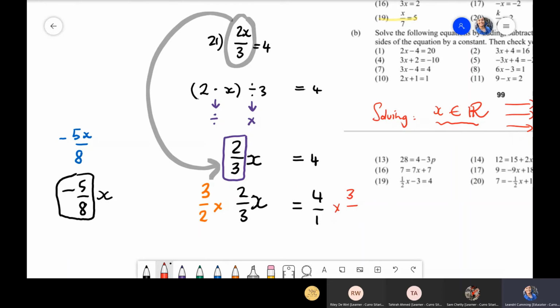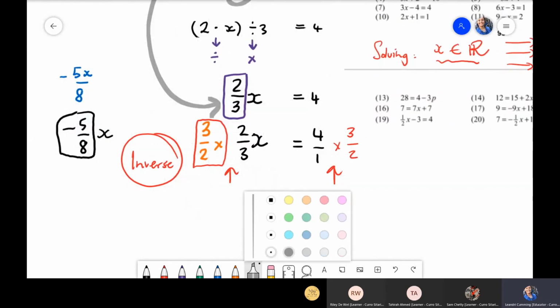So what did I do? I multiplied by 3 over 2 because I want to eliminate 2 over 3. So I'm applying my inverse operation. Inverse literally means your opposites. Opposite, okay? And what you do on this side, you must remember you have to do on that side.